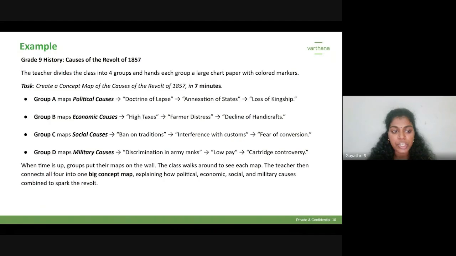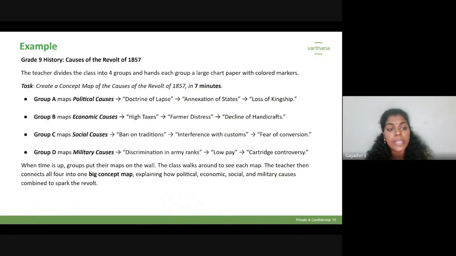As a teacher, you can then connect all 4 concepts into one big concept, explaining how each of these 4 elements sparked the revolt. If you do it in the conventional method of reading the textbook, this would be a heavy concept for them to digest or comprehend. But if you do it this way, they'll know, okay, I'm the one who did the political causes.